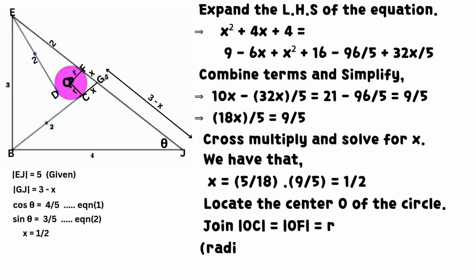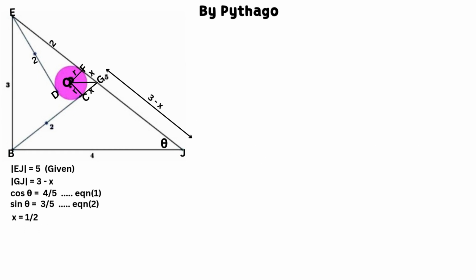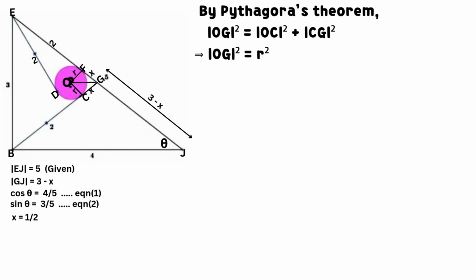Locate the center O of the circle. Join OC equals OF, which equals R, the radius of the circle. Also, join line OG. By Pythagoras' theorem, the square of OG equals the sum of the square of OC and the square of CG.